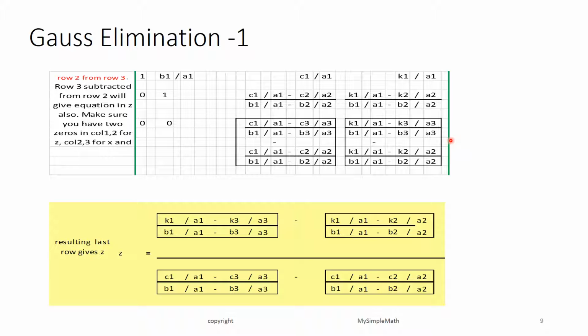This is called the row reduced echelon matrix. And now when we divide this number right here by this number, then you get the value of Z. Z is K1 by A1 minus K3 divided by A3, B1 by A1 minus B3 divided by A3, minus K1 by A1 minus K2 by A2, and so on and so forth.